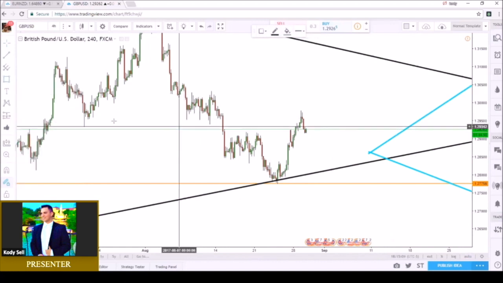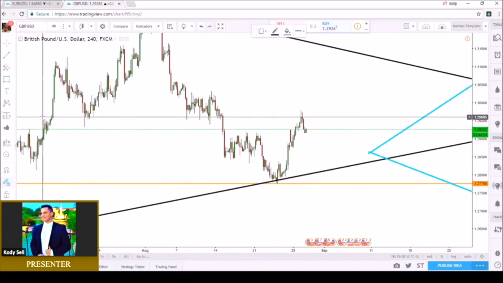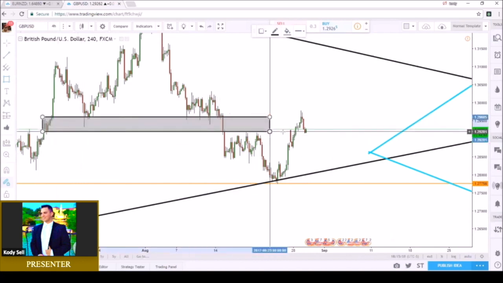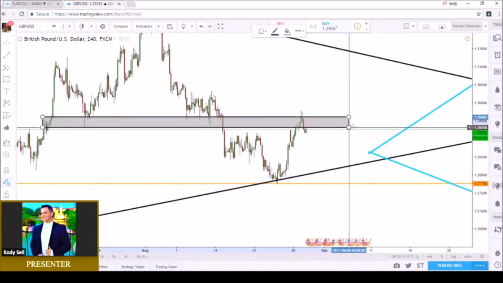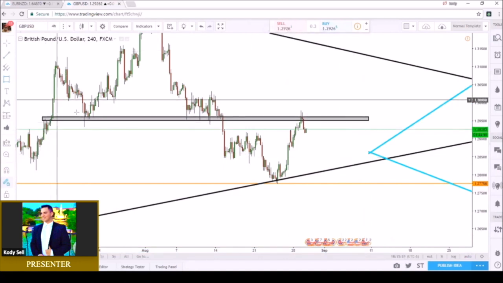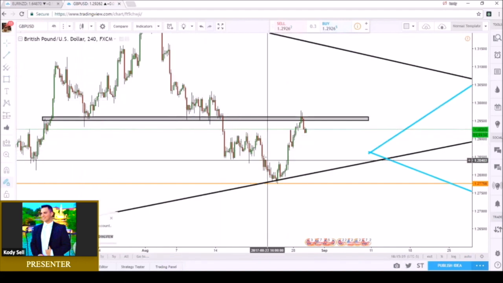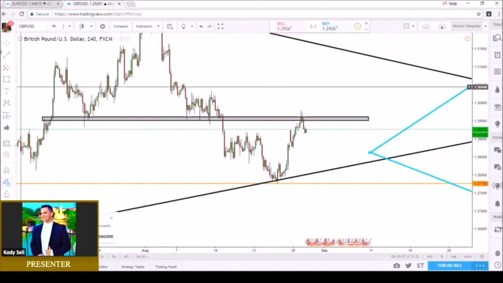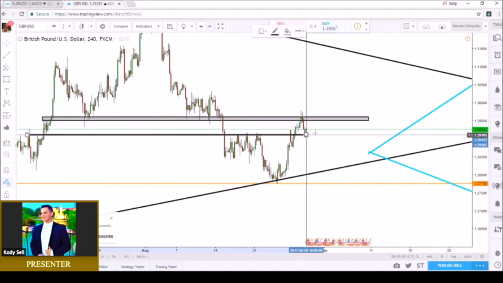Okay, so clear levels here. I'm going to start right here and just come on through down to, let's keep it nice and thin. Okay, so you guys can see the interactions at these levels that I'm looking at. This down here, these swings right here, this was significant, but I think this was a completely separate level.